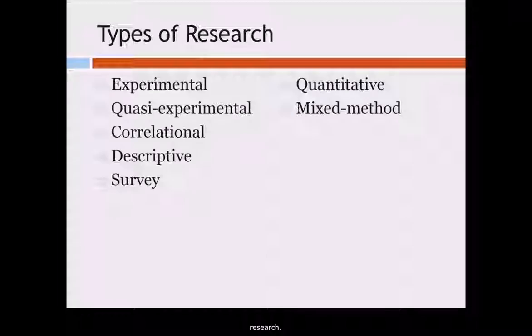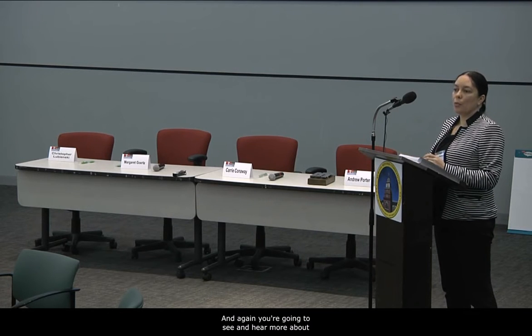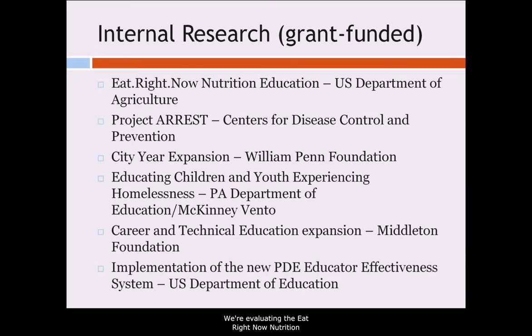I'm just going to run through some of the internal research that we're doing that's grant funded. And again, you're going to see and hear more about these in the afternoon because they're represented during the poster sessions or in the afternoon panels. We're evaluating the Eat Right Now nutrition program that's funded by the Department of Agriculture, Project Arrest out of the Centers for Disease Control.